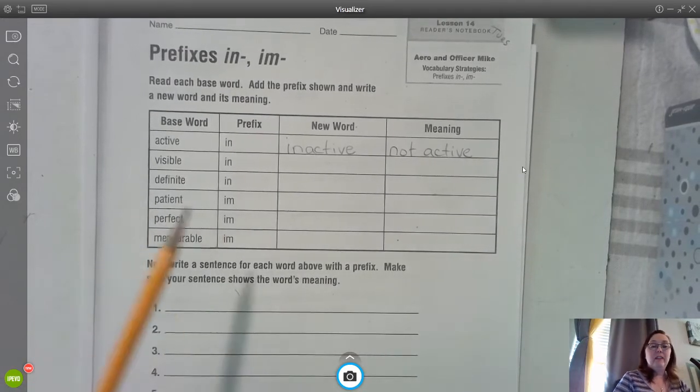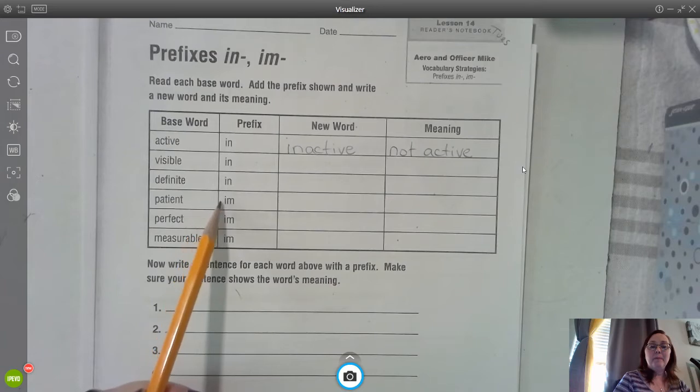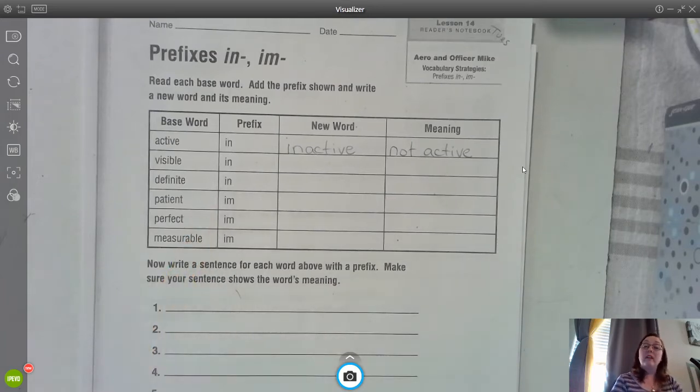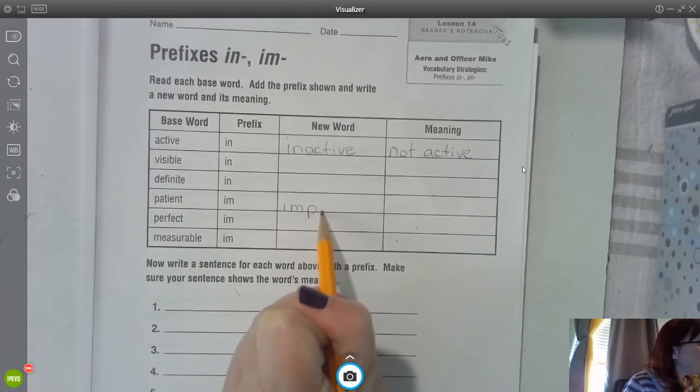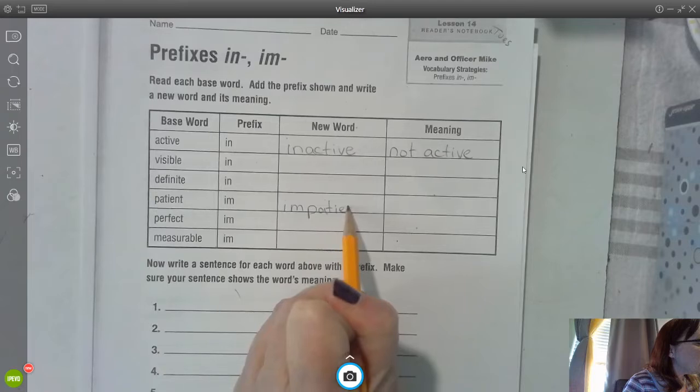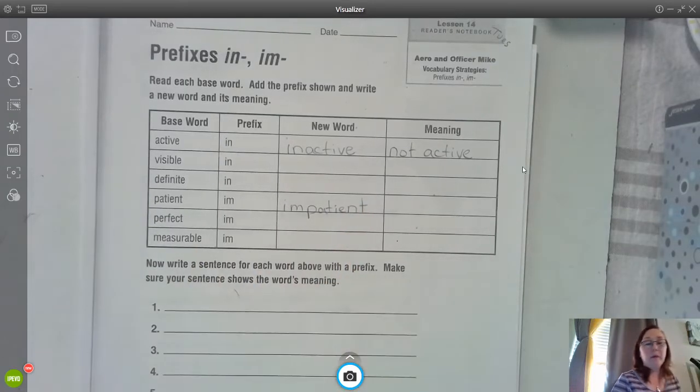Patient. If our prefix is IM, I'm going to put that in front of patient. Write my new word. You shouldn't misspell the word patient because it's right there for you. Make sure you're copying the word correctly. Impatient. What does it mean to be impatient?